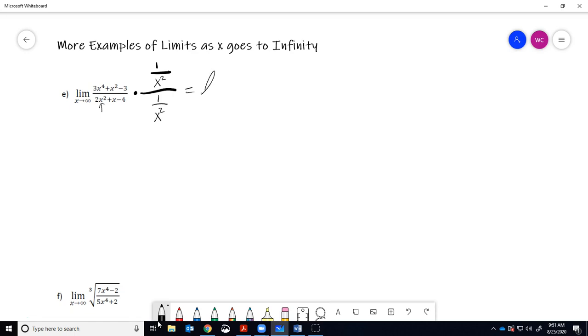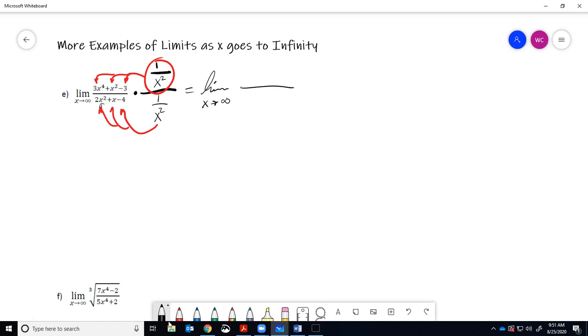Remember to keep your limit notation, don't lose that, as x goes to infinity. And we're going to distribute 1 over x squared, multiplying every term on top and every term on the bottom.